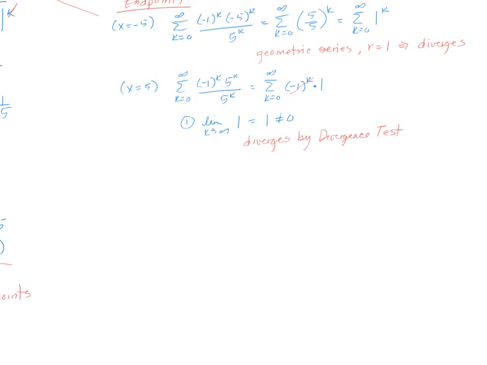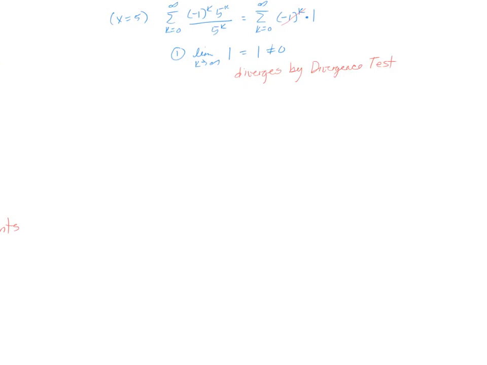So when x is equal to 5, our series diverges. That tells me that my interval of convergence is simply -5 to 5, where my radius of convergence r is equal to 5.